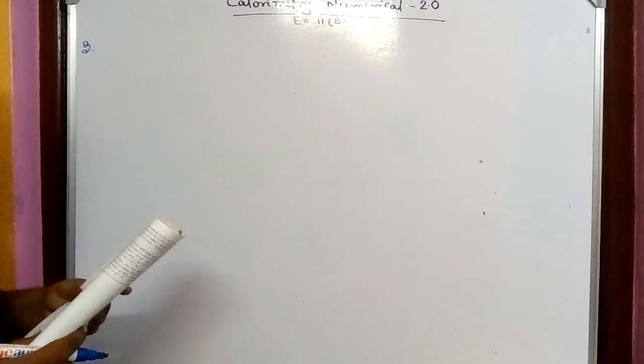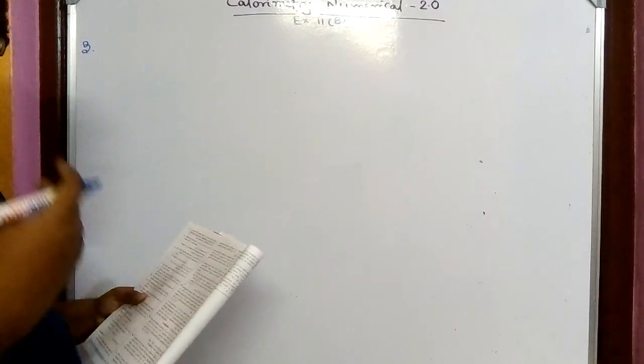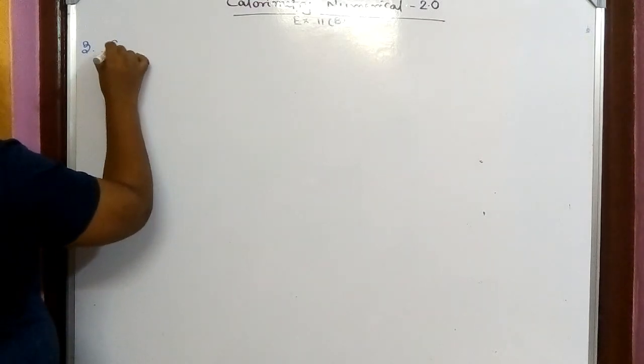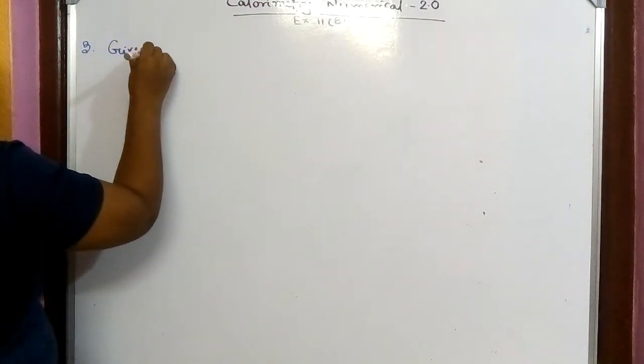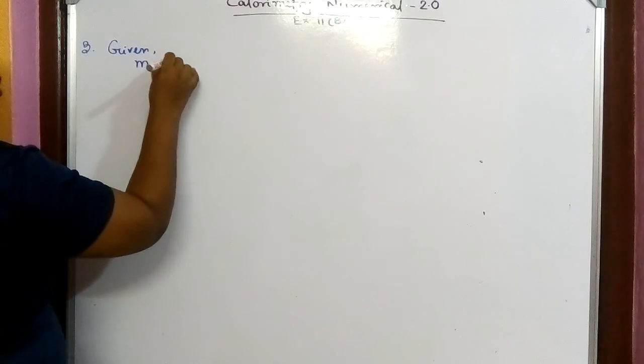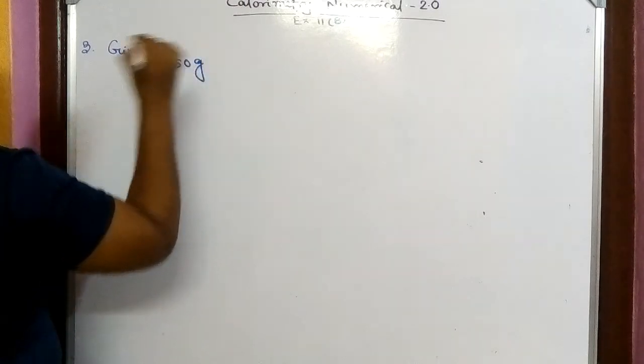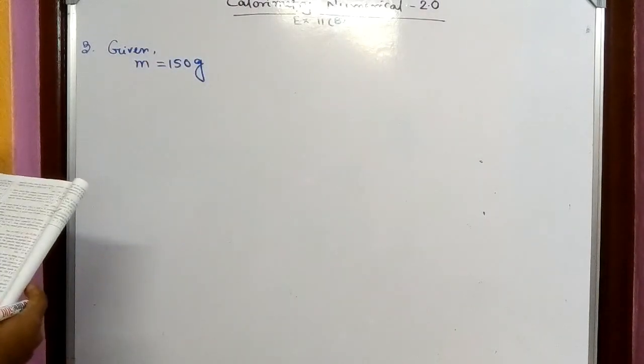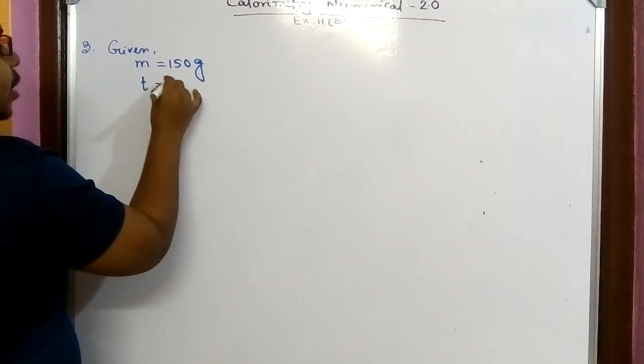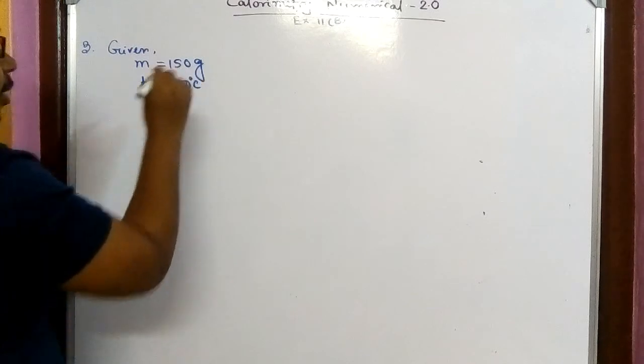Molten metal means the metal is already melted. So what is given, we have to write first. M equals 150 gram. Melting point means the temperature, so the temperature is 800 degree centigrade.